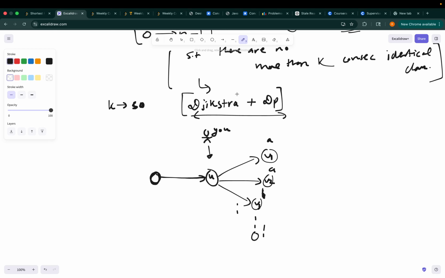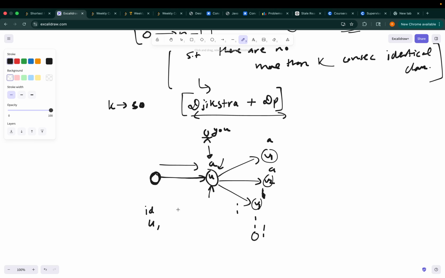And then you got all of this, and you came from somewhere. It doesn't matter where you came from. Let's say the label here was A. Node U had A. So what information do we need to encompass this state? First is the ID of the node.